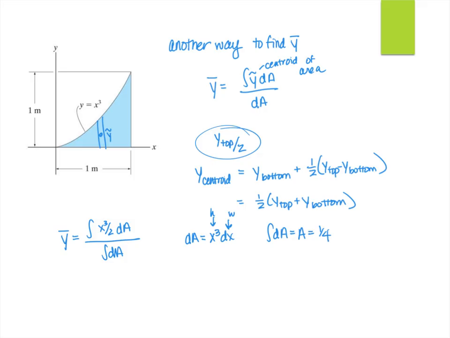We don't have to redo all that calculation. So y tilde, the centroid, is going to be the integral of x cubed over 2 times x cubed dx from 0 to 1, over the integral of dA, which we already just said is 1/4. So let's do the top integral.